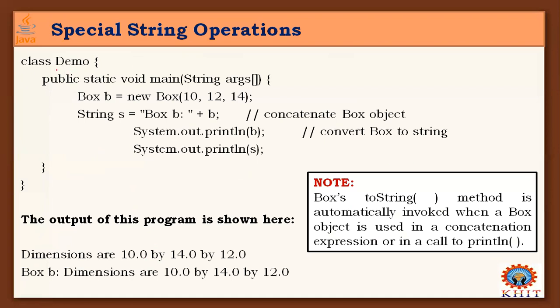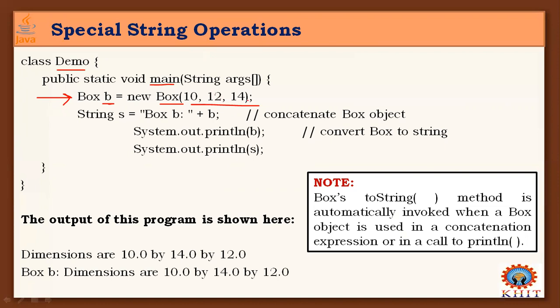Coming to the main class, inside this main function, we are creating an object of this Box class by calling the constructor and passing three values like 10, 12, 14. Actually these are integers, but we can pass real values also.